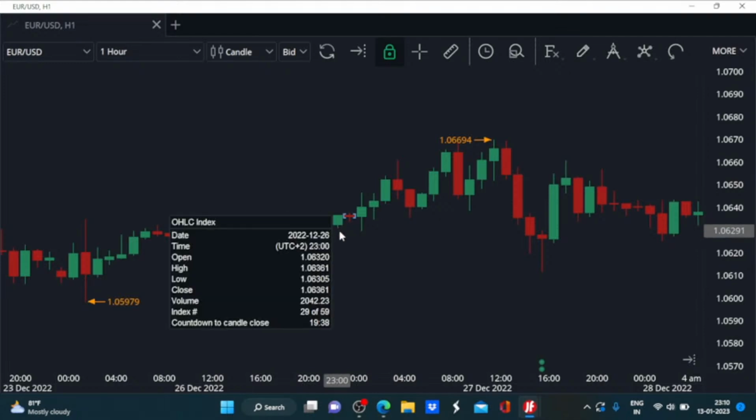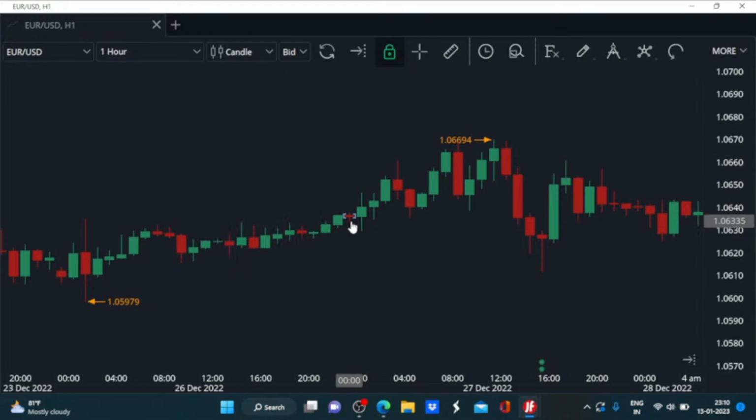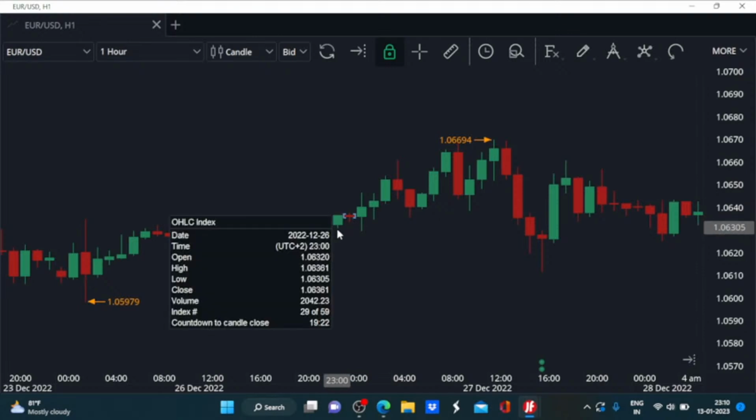Then that candle should be followed by a doji candle where the closing and the opening price are nearly the same, and this doji candle's small body is contained within the larger body of the first candle.